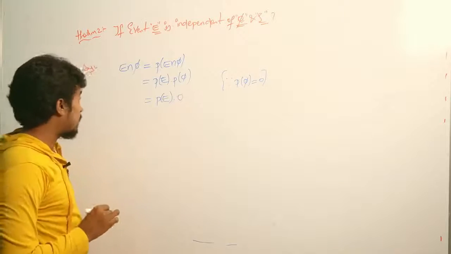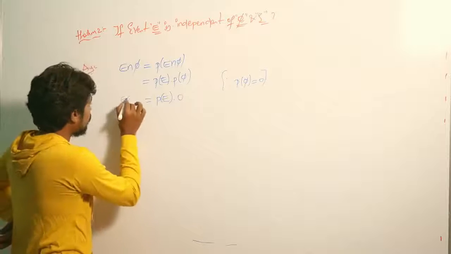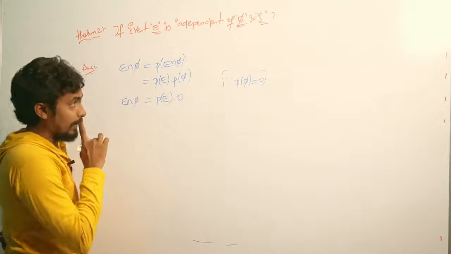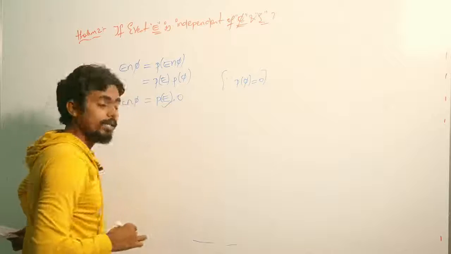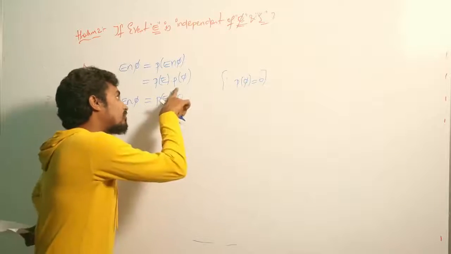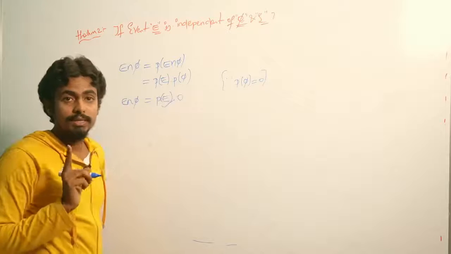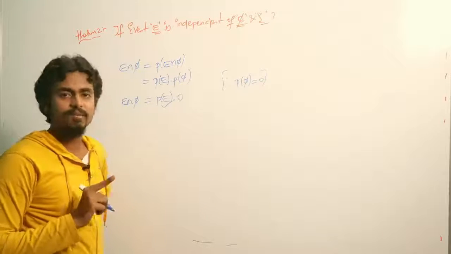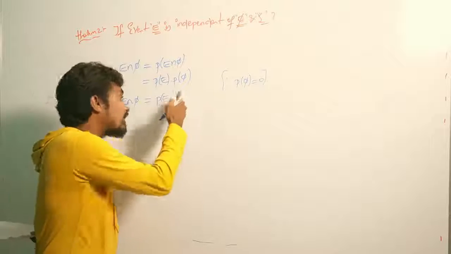Hence, here you can observe one thing. In the probability of an event E, we have some variables. But in the second probability, of phi, you can't find any variables present. That means it is the null set.